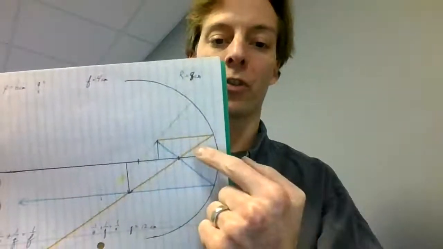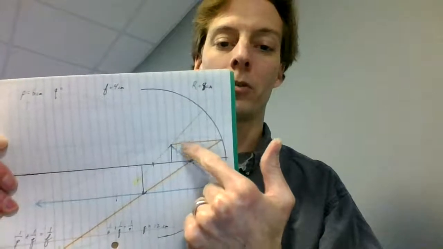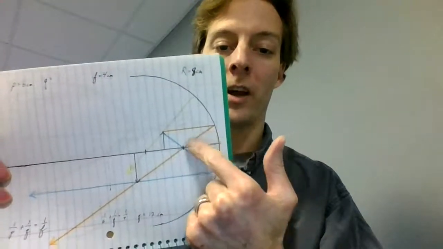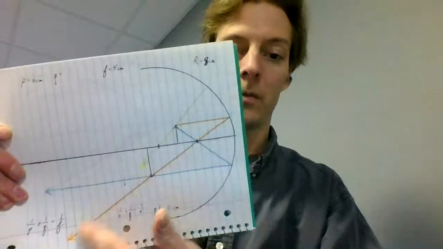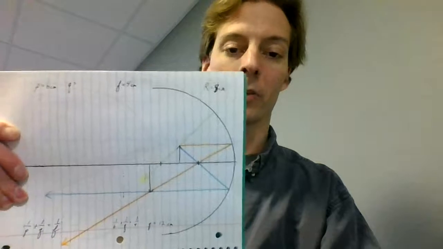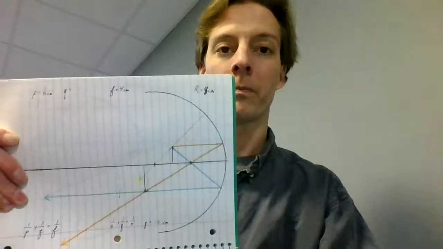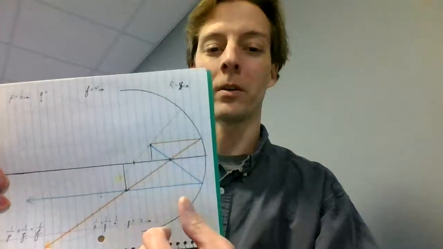First line, orange line, goes parallel from the object to the mirror and then crosses down this way. That's it. Orange line, parallel, focus. Second line, blue line, focus, parallel.